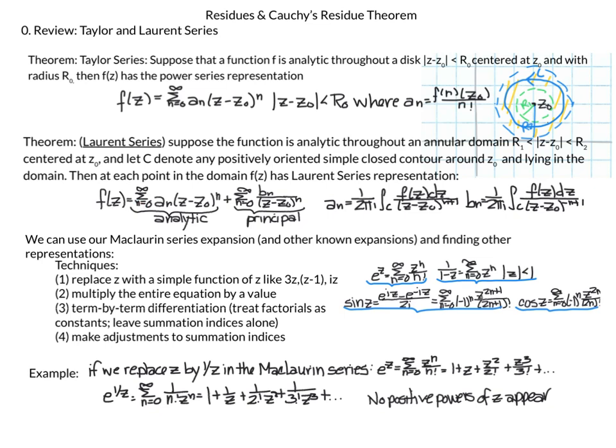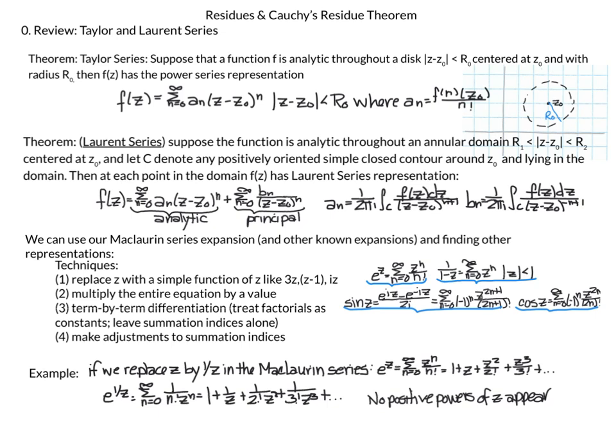F of z is equal to the summation n equals 0 to infinity of a sub n times (z minus z naught) to the n. That's the analytic portion, which is exactly the Taylor series, plus the summation n equals 1 to infinity of b sub n over (z minus z naught) to the n. This is the principal portion. And then we have the definition of the coefficients a sub n and b sub n in terms of an integral. And as I had mentioned in our overview slide, we never use these formulas to calculate the coefficients.